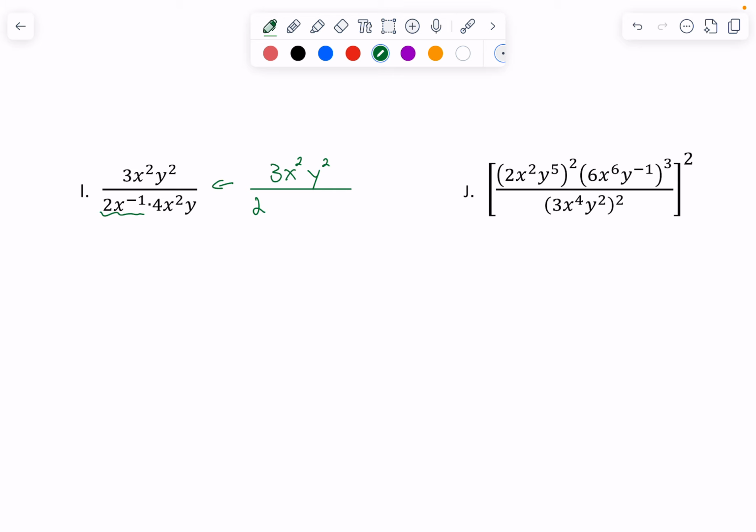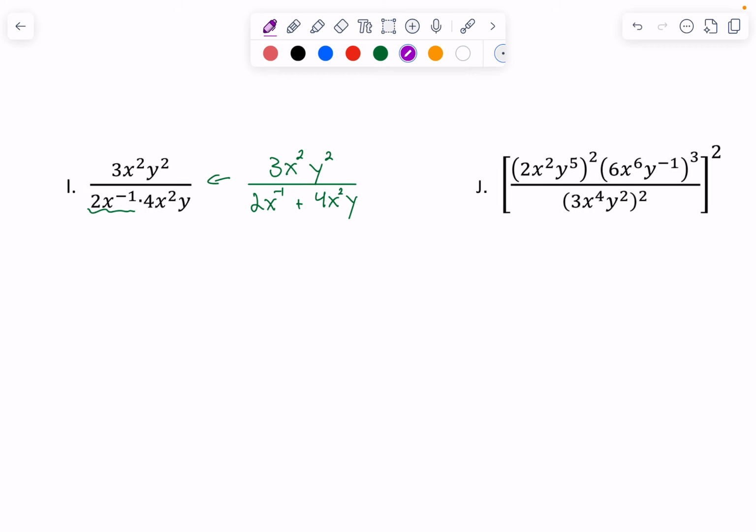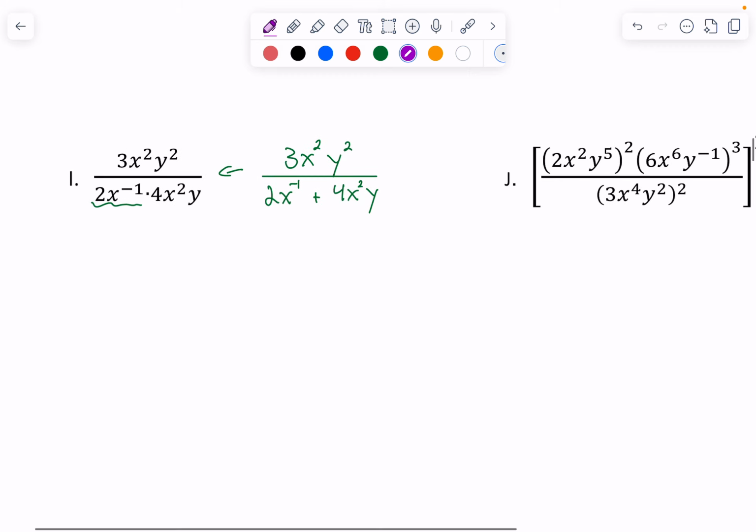So 2x to the negative 1 plus, and there was a plus there instead of a multiplication, x squared y. Well, at this point, you can't use your exponent rules. It's not like you can sit here and say, oh, I'm going to cancel out my y's and my x's because I'm going to be dividing them out.